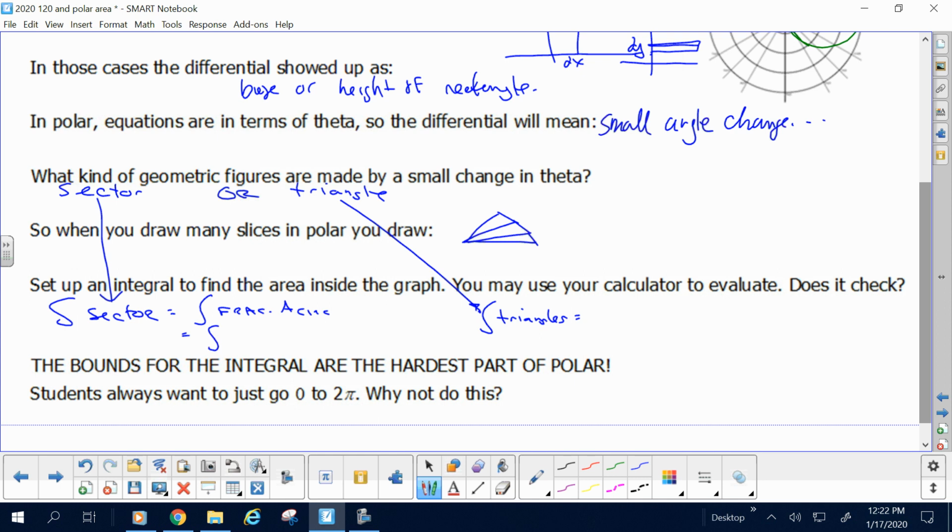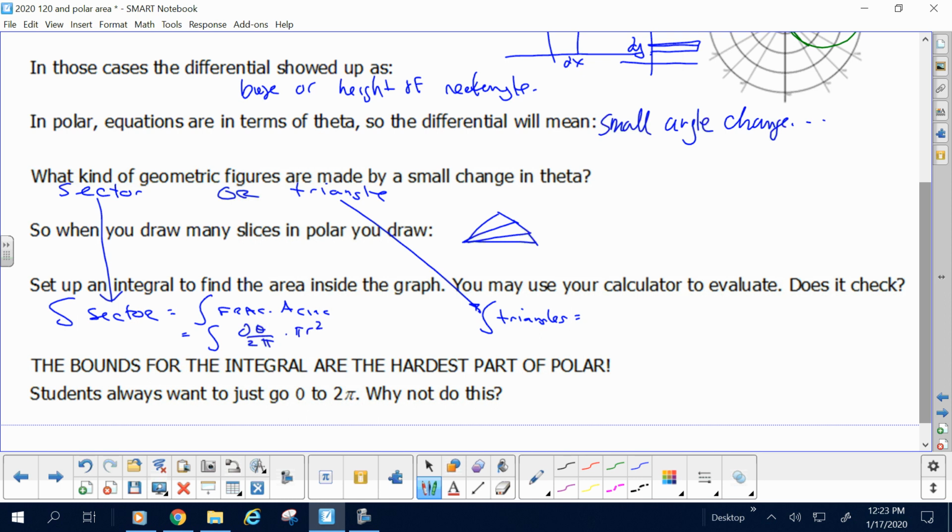What fraction? d theta over 2 pi. Right on. And what about the area of a circle? Pi r squared.